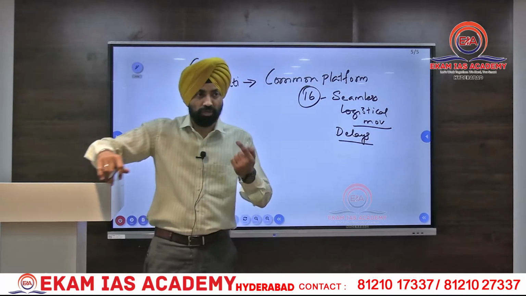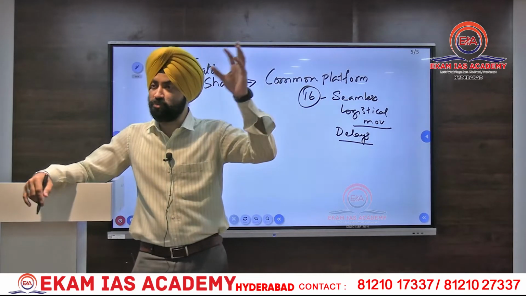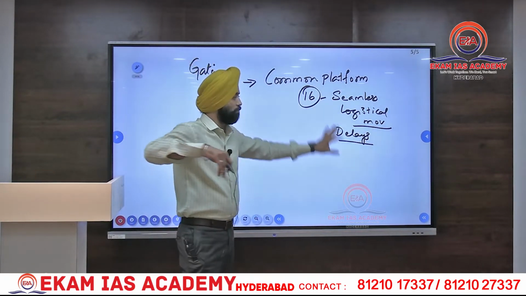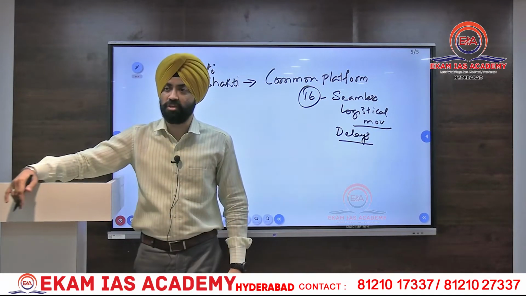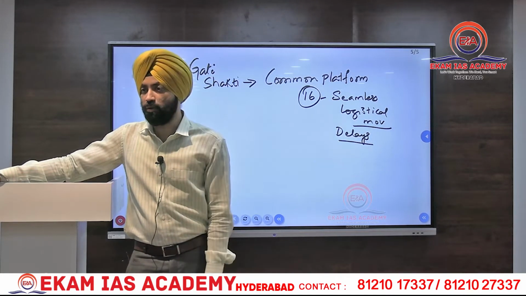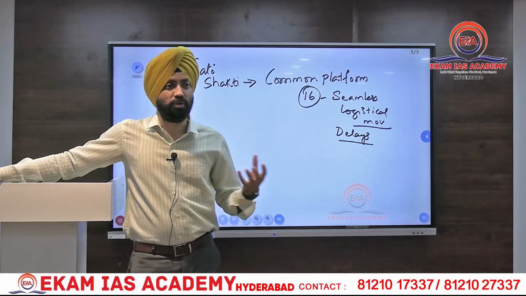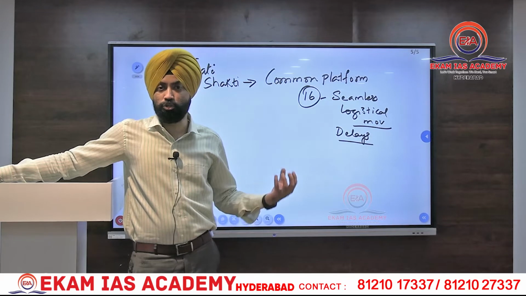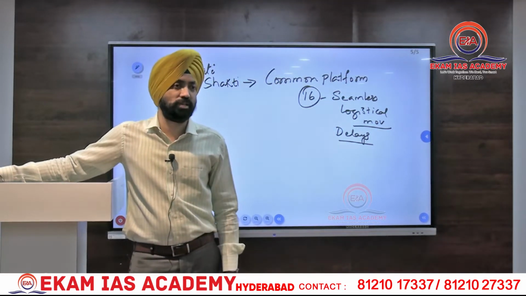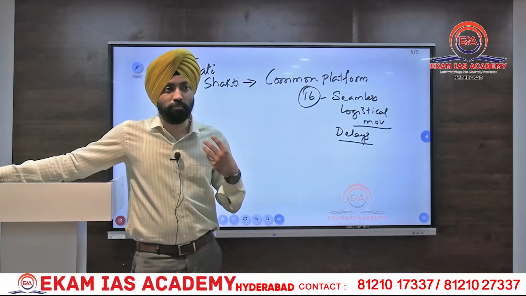See, whenever one project is launched, so many ministries would be involved in that particular project. So it is a common platform for around 16 ministries where anything related to that project can be dealt with. It is like creating a WhatsApp group of 16 ministries to ensure that the logistical movement of goods and services across the sectors can happen without any ministerial hurdles.